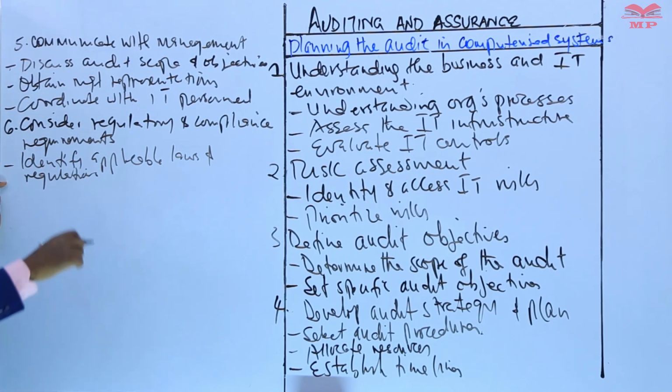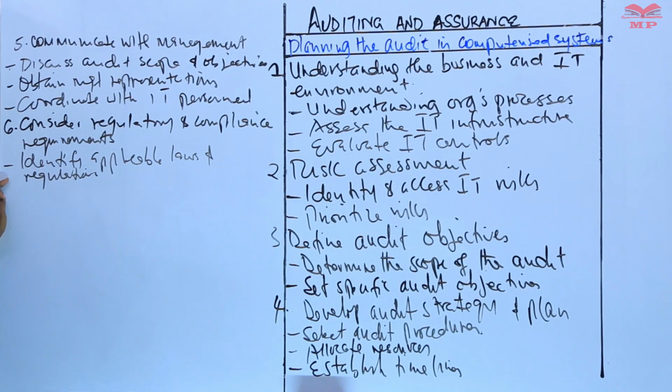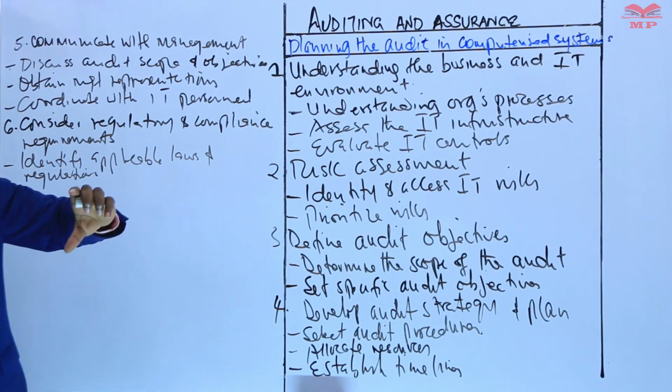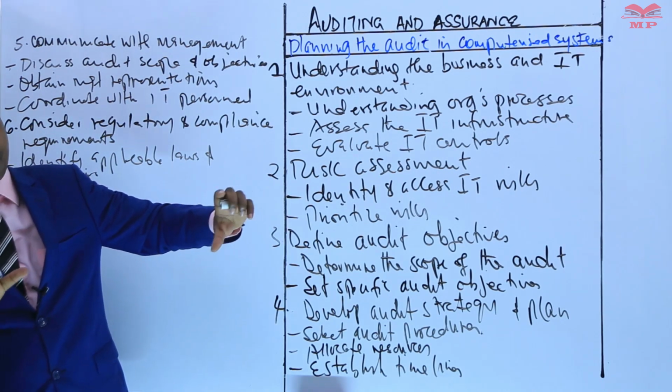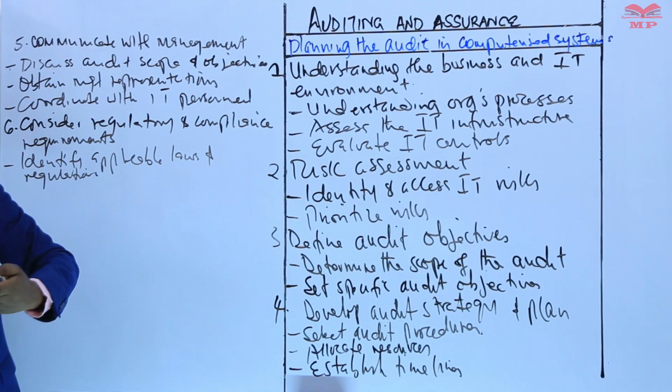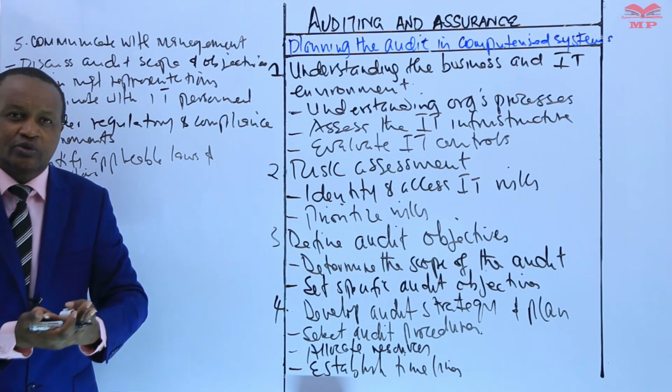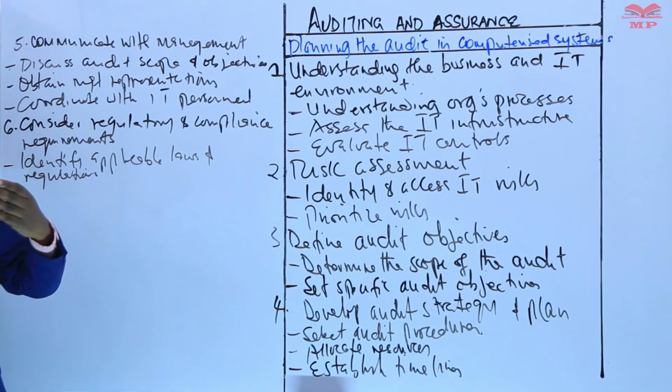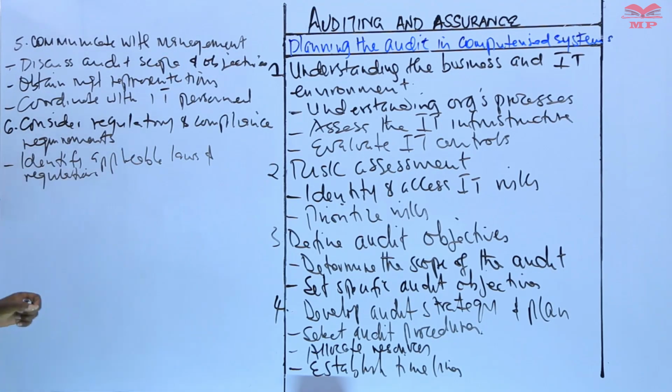The auditor may be required to identify the applicable laws and regulations to the company that he is auditing, so that he can ensure the audit complies with the relevant industry standards, data privacy laws, and also other legal requirements.